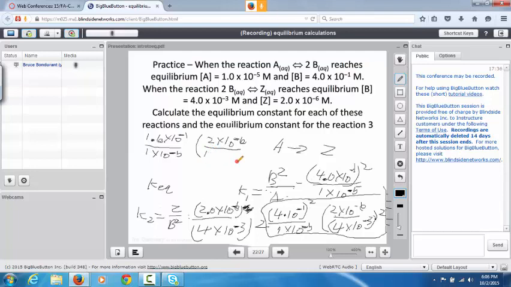It would be 16 times 10 to the negative 3 plus negative 3, which would be negative 6. So it's 1.6 times 10 to the negative fifth. So that would be how we would evaluate that. You could just run through and evaluate that expression then.